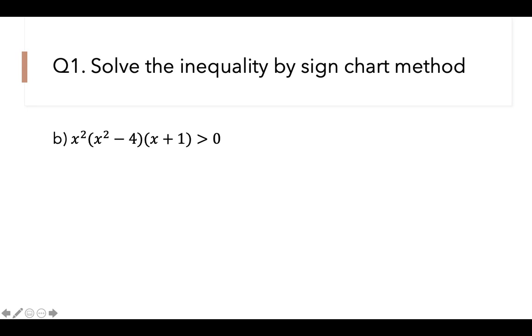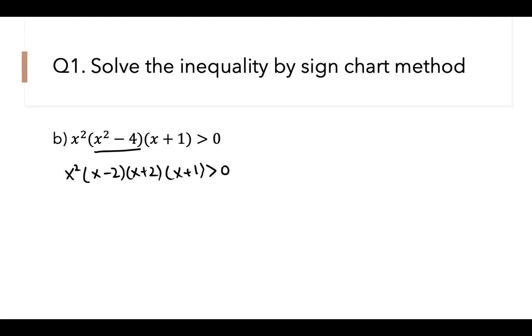Let's try letter B. As much as possible, if you could factor it, that would be the best because you can figure out the zeros right away. So I can simplify this further, which is a difference of squares. So x squared becomes x minus 2 and x plus 2, and then x plus 1, greater than 0.